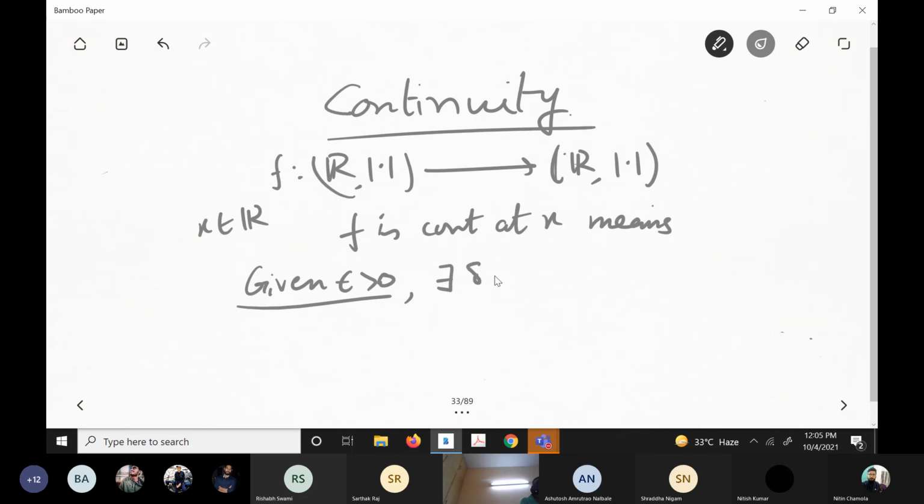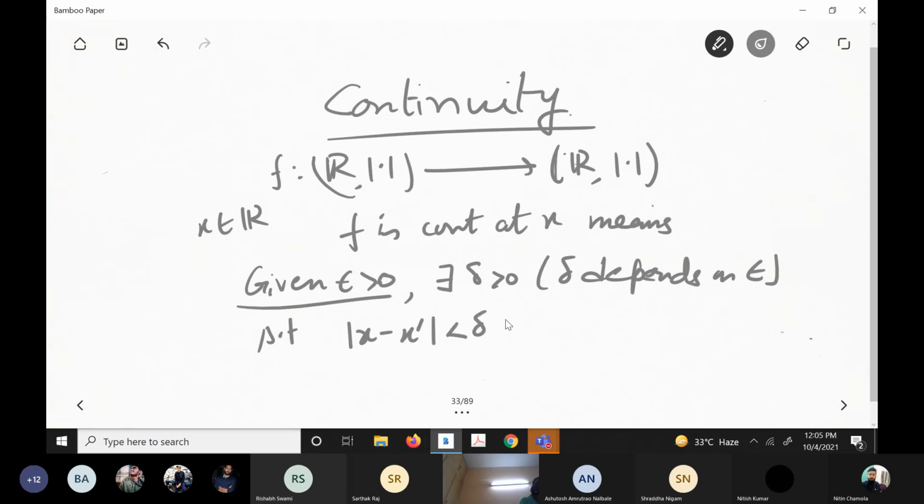there exists delta greater than 0, delta depends on epsilon, such that |x minus x prime| less than delta implies |f(x) minus f(x prime)| less than epsilon.